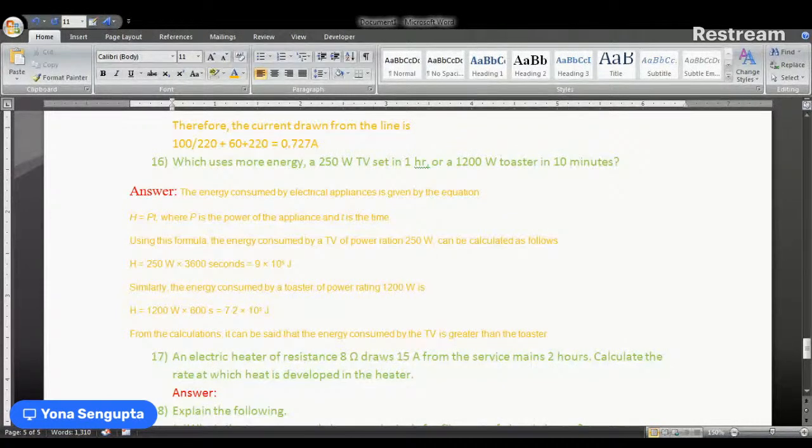The rate at which the heat develops can be calculated using the formula P equals I square R. Substituting the values, we get P equals 15 square into 8 ohm, so we get 1800 watt. So the electric heater produces heat at the rate of 1800 watt. This is the answer.